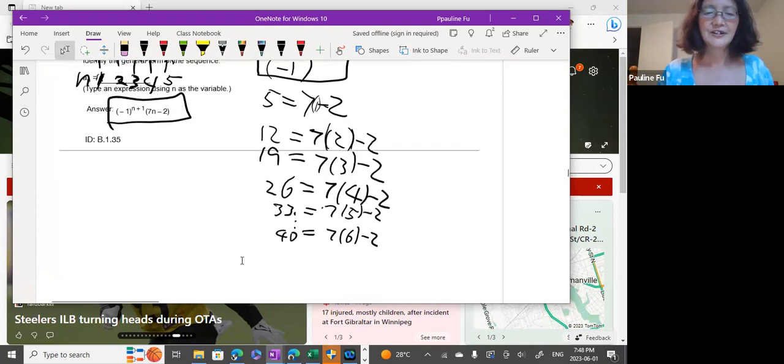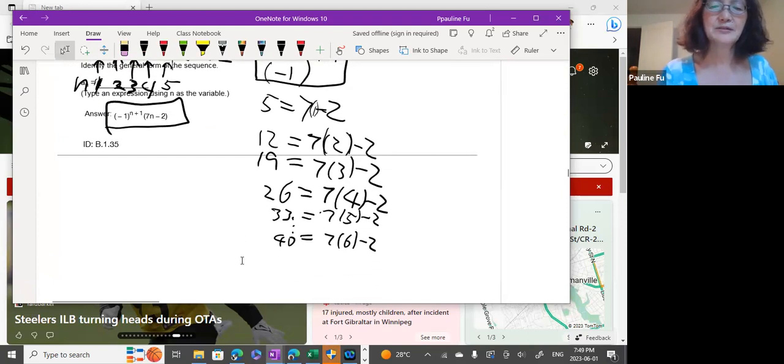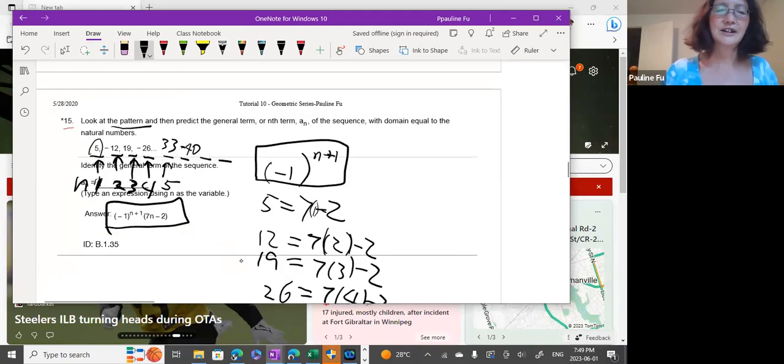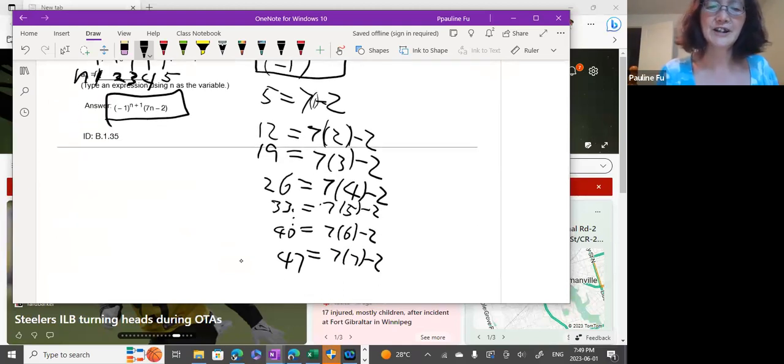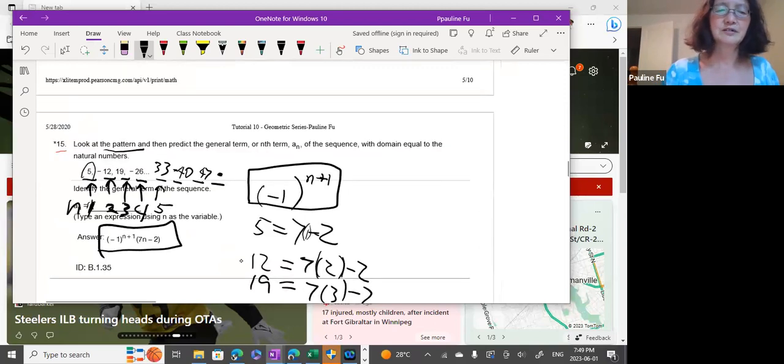Okay, so let's predict the next one. Next one is 7 times 7 minus 2, 47. And it is a positive number, 47. And the next number must be negative after 47. So that number would be 7 times 8 minus 2, 54. So negative 54 is here.